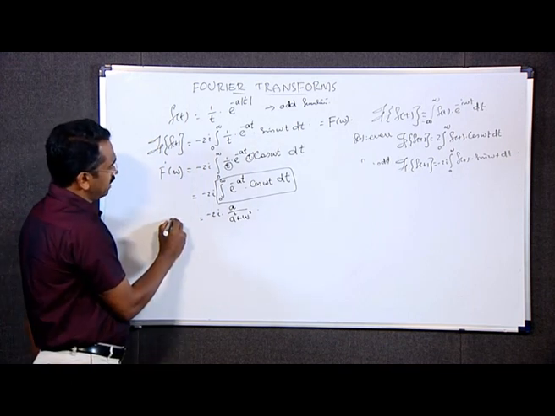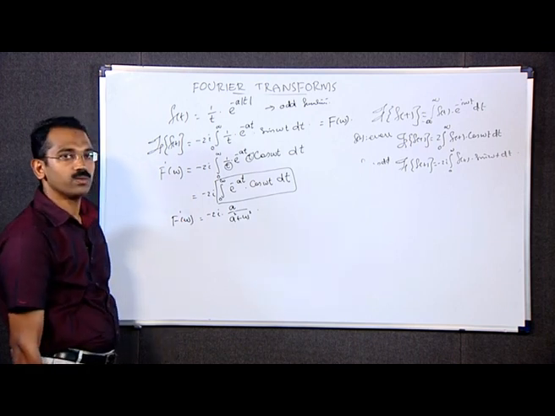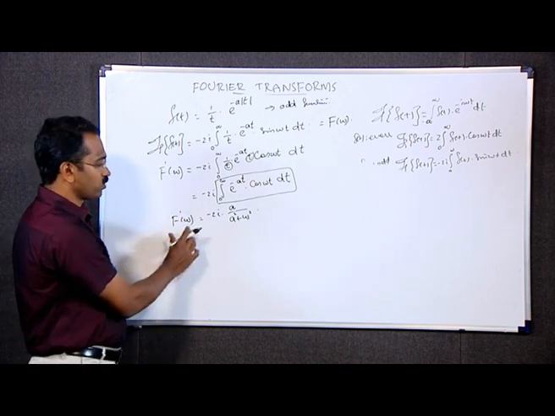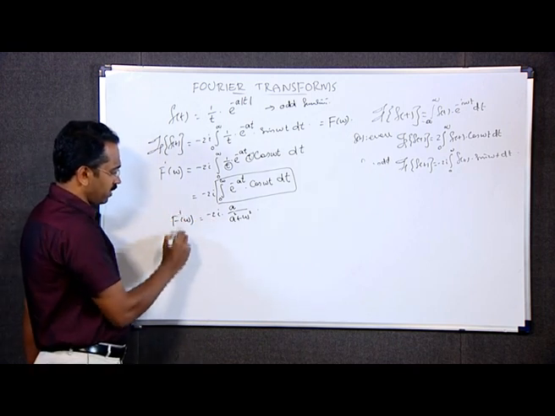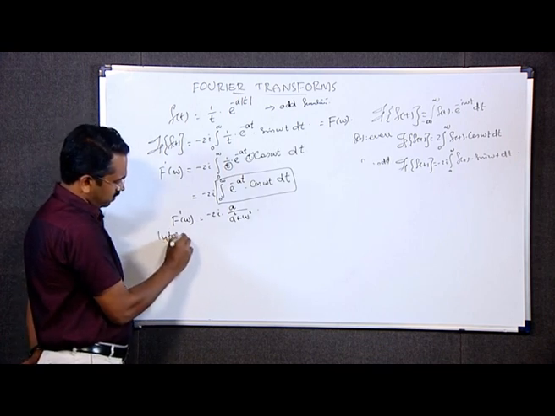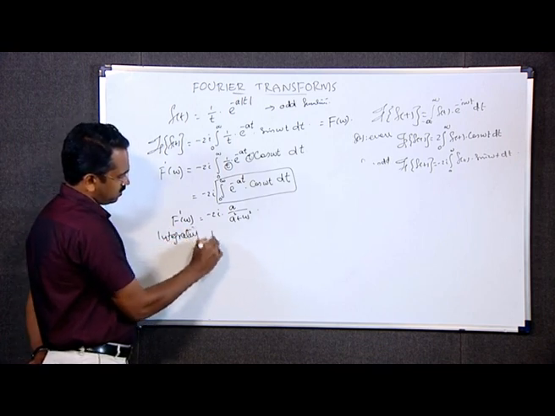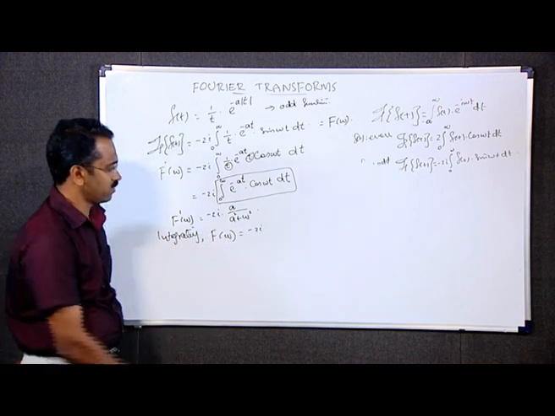This is f dash of omega. Now, integrating with respect to omega on both sides, we get f of omega as, minus 2i is a constant.